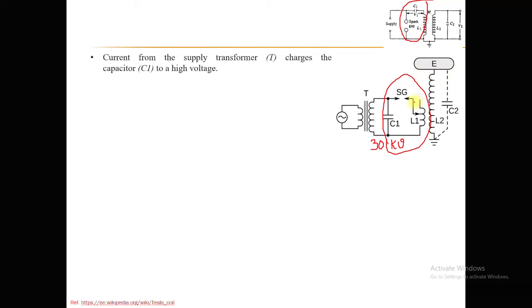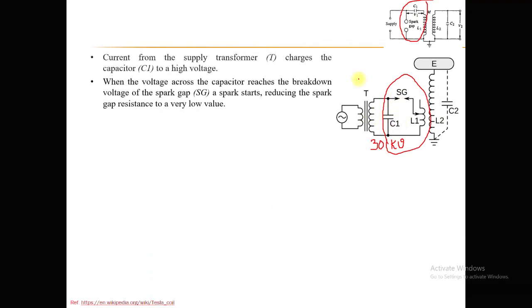During the charging phase of capacitor C1, usually the length of the gap between the two electrodes of the spark gap is considered to be somewhat higher than its breakdown voltage value. Here, for example, I have written 30 kV. So the spark gap should be adjusted somewhat larger than 1 centimeter, so that it will allow charging capacitor C1 to 30 kV.